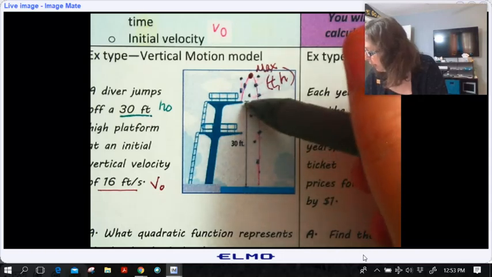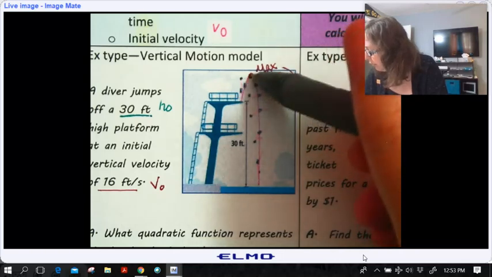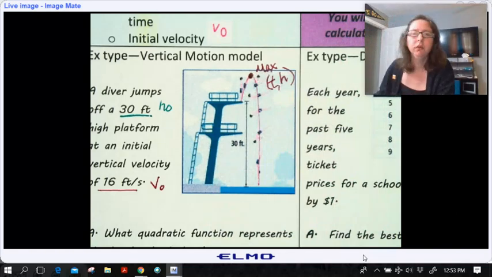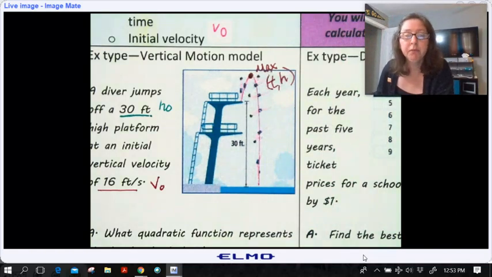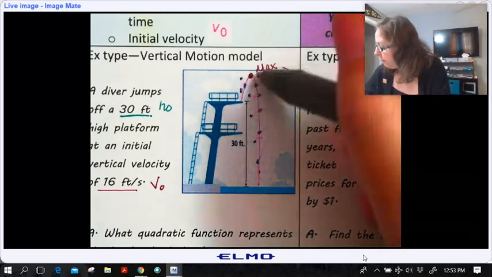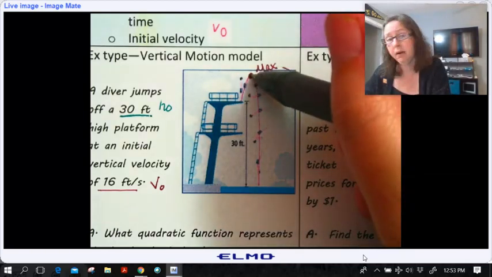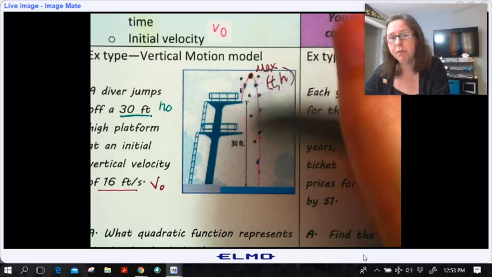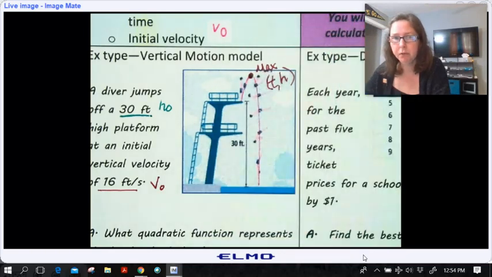He has jumped at a high point of 34 feet. So how would we figure out how far above the platform he is? At 34, he's that high above the water, not the platform.